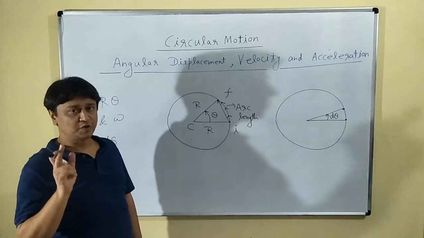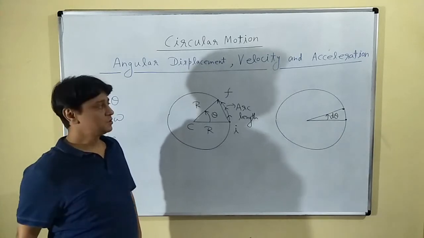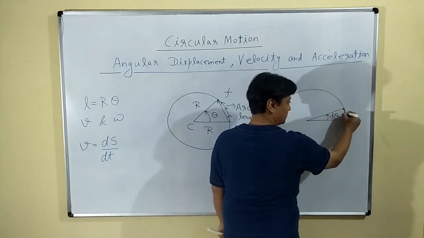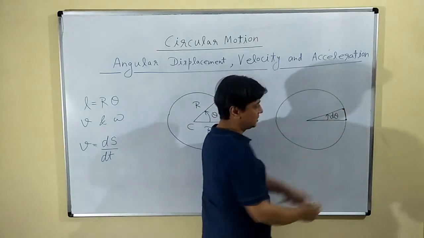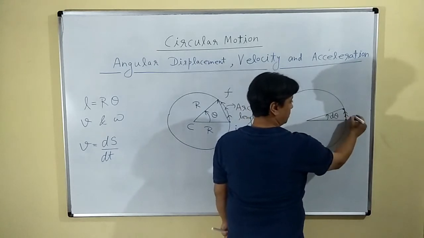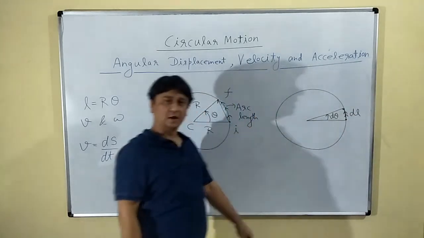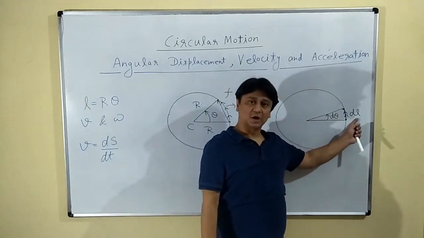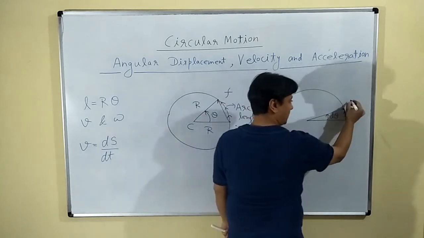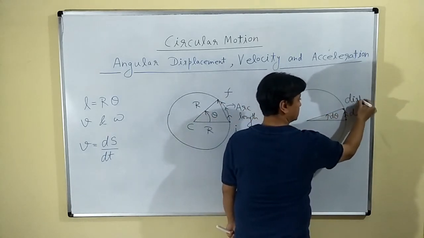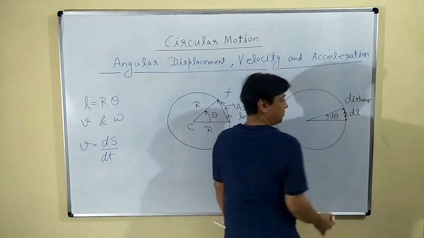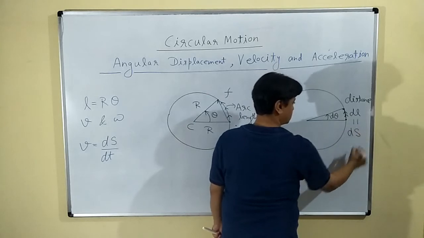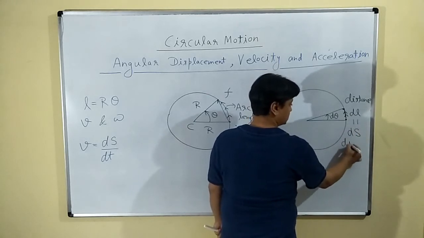What is d theta? Something which is very small. Then this path length will be what? dl. What is dl? Distance. But this dl is also ds. What is ds? Displacement.